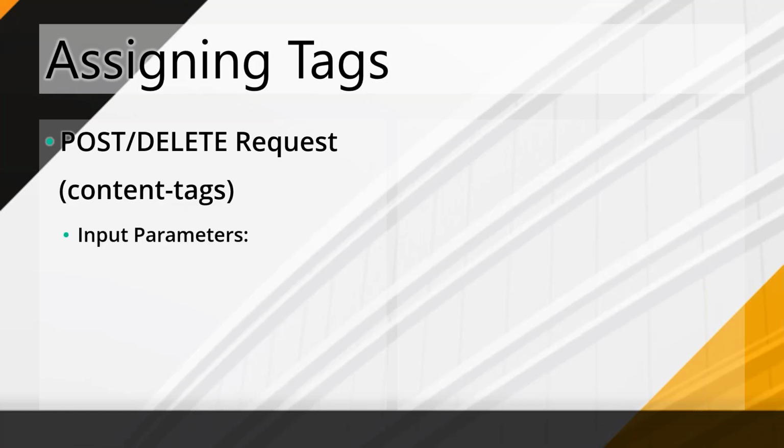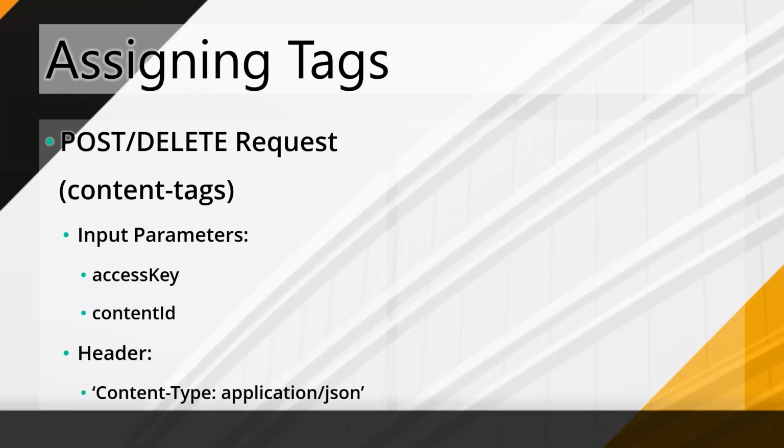The way that this works is there are two input parameters: an access key, as you will always have, and a content ID. So you're telling it, for this piece of content, either post to it some things or delete from it some things that are related to content tags or content libraries. When you're doing a post, or in this case a delete command, there needs to be a header telling it that it's JSON. That's fine.